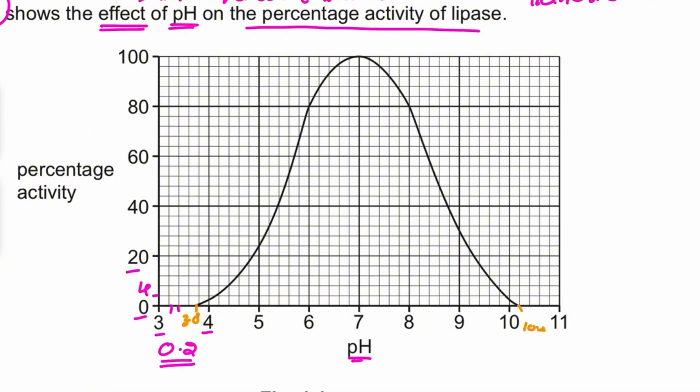As the pH is increased from 7 to 10.2, the enzyme's active site would begin to denature, lose its shape, less substrate would bind, and that is why fewer enzyme substrate complexes would be formed. Finally, at 10.2, the enzyme's active sites are completely deformed and none of the substrate binds. So that is why the activity would be 0%.